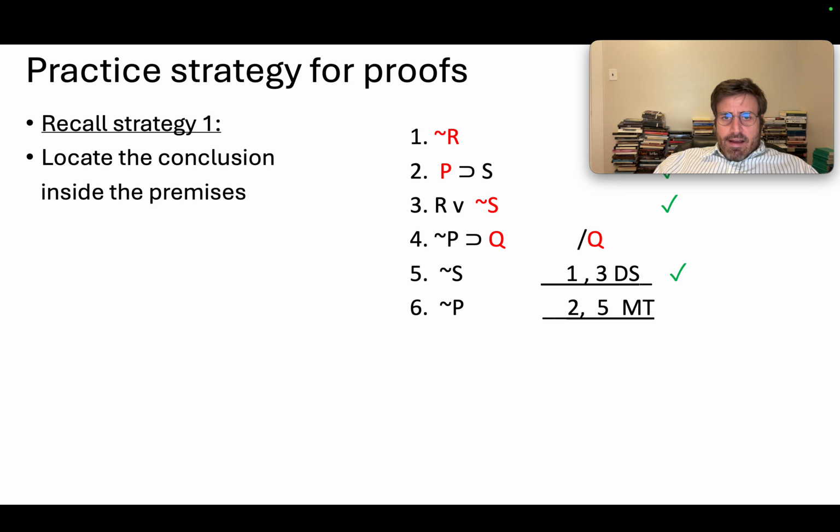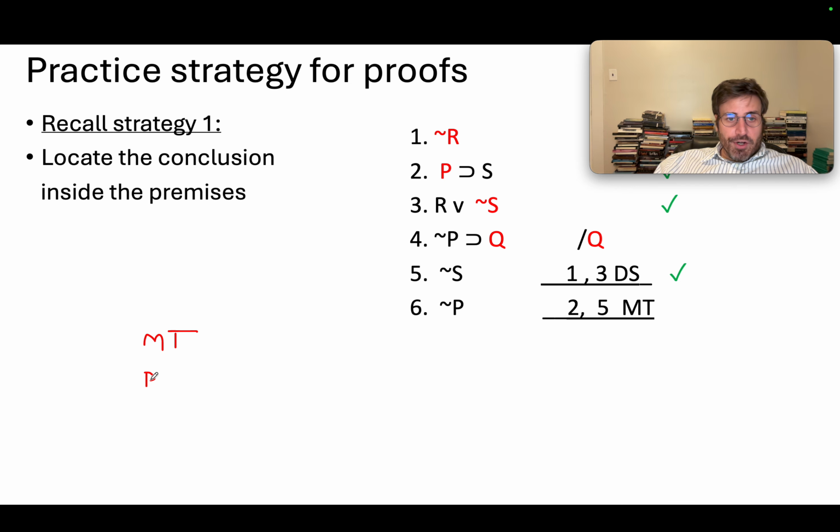We can see that not S is very useful in line 2, because line 2 gives us a conditional: if P, then S. And what line 5 allows us to do is to apply modus tollens to lines 2 and 5. Remember, modus tollens is the rule where we find the denial of the consequent.